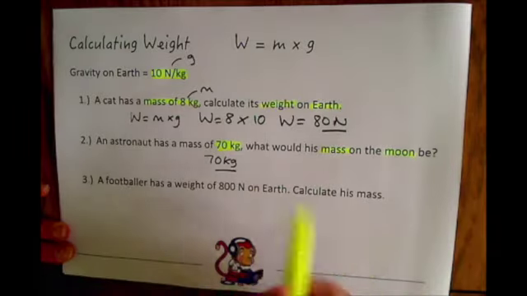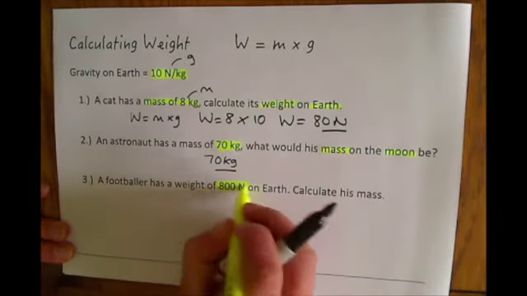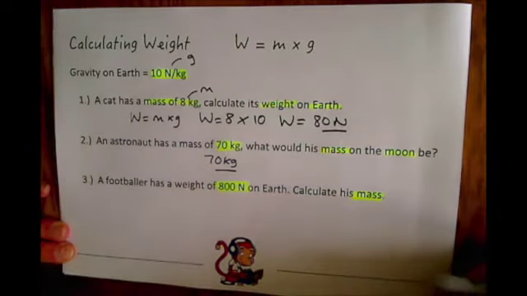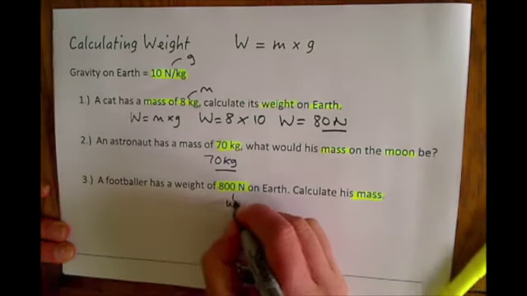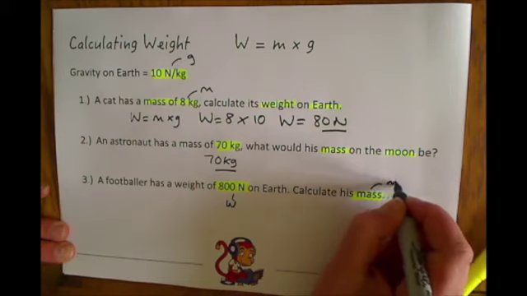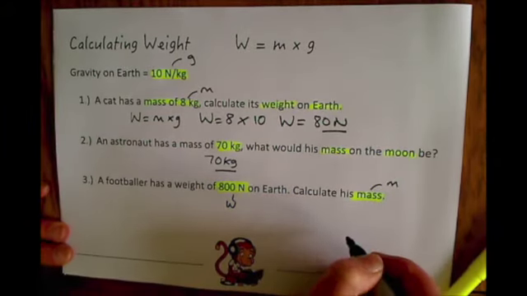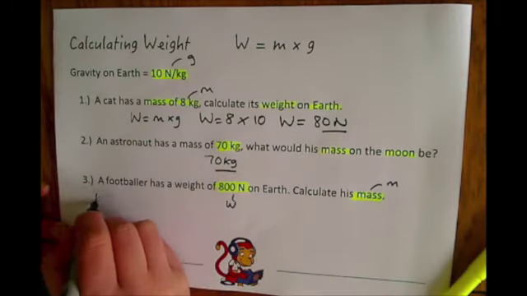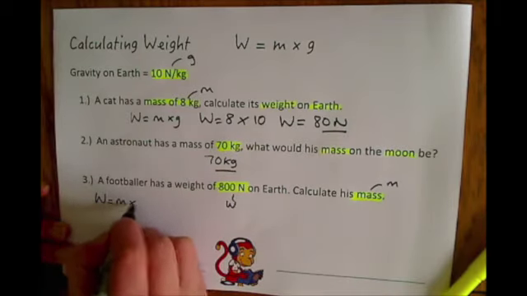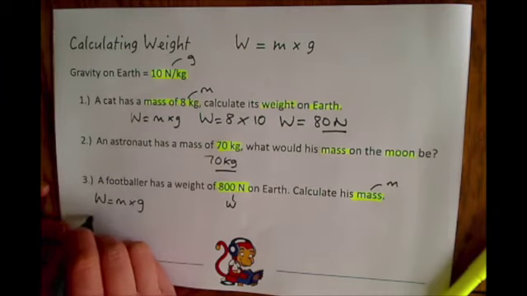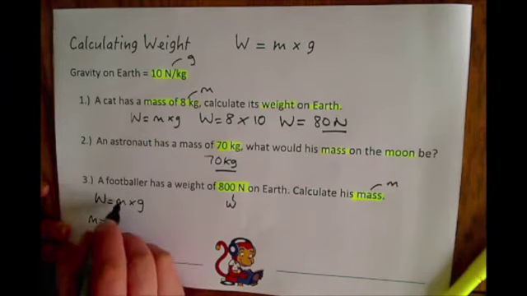Last question, a footballer has a weight of 800 newtons on Earth. Calculate his mass. So we've been given the W this time. We need to calculate the mass. This will involve us rearranging an equation, which is more likely to come up in higher. But if we start off with the equation W equals m times g, to rearrange that we need to make it m equals, because we need to calculate the mass.